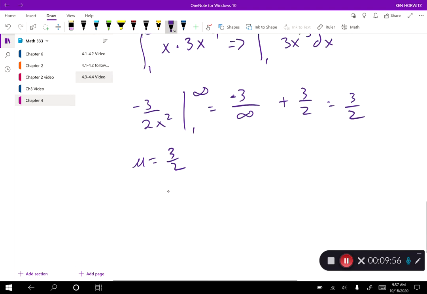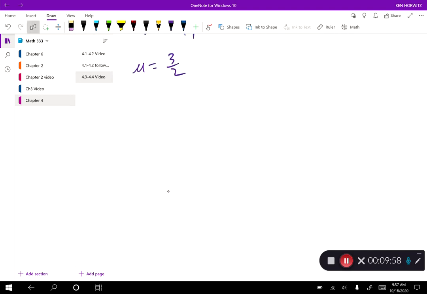All right, now to get our variance. I'm going to try to keep my mu on the screen as long as possible. To get our variance, the first thing I need is my E of x squared. So every time I see an x by itself, I'm going to write x squared. So I go from negative infinity to infinity.